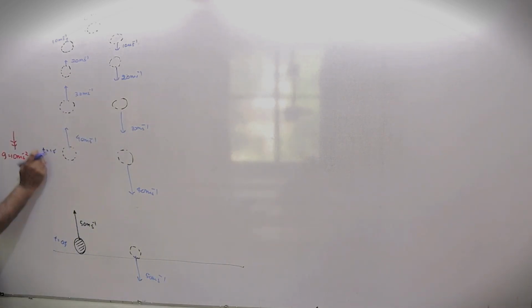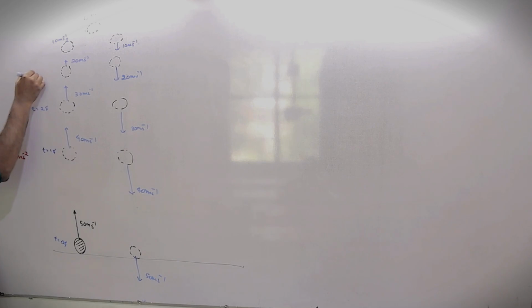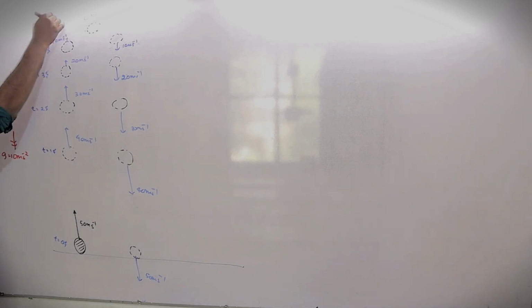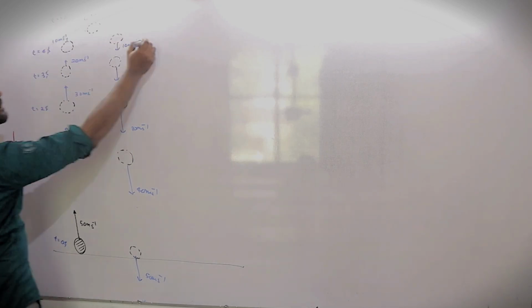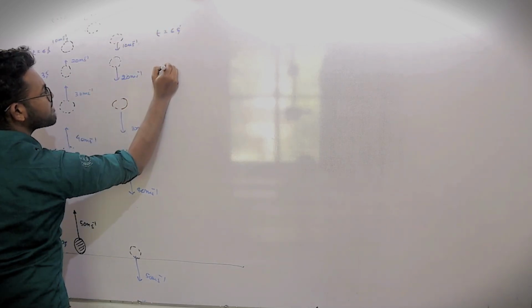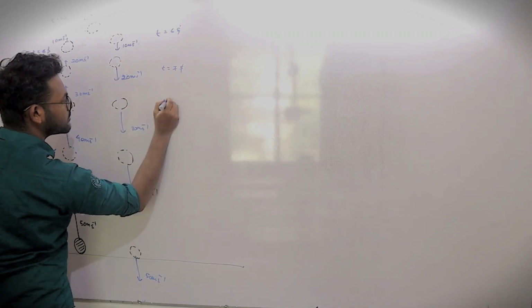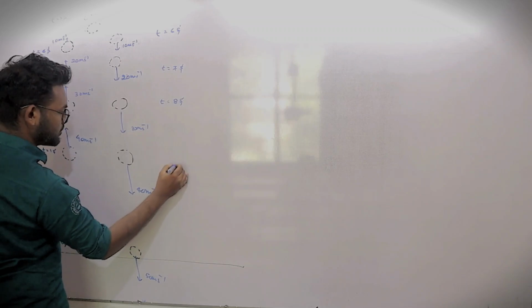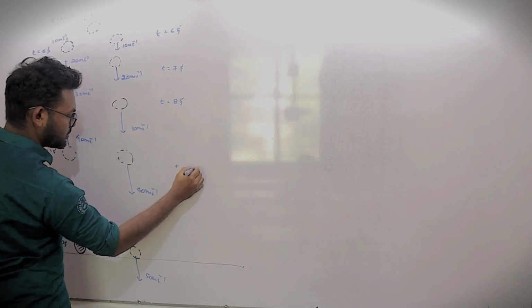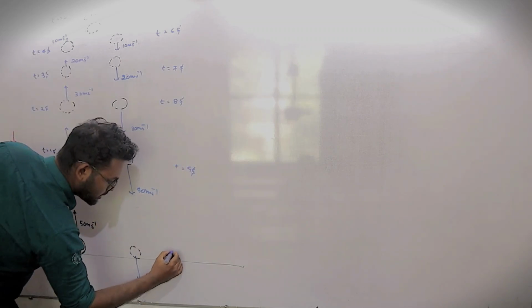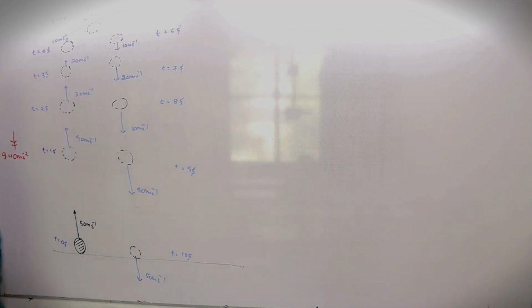Times: t equals 0, 1, t equals 2, t equals 3, t equals 4, this is t equals 5, this is t equals 6, t equals 10, like that. Great. Now these are the positions of the particle and also the velocities.